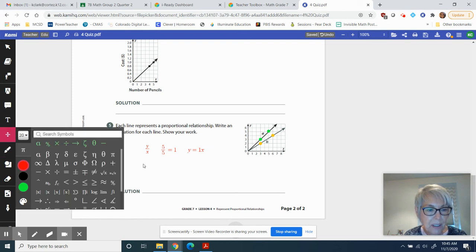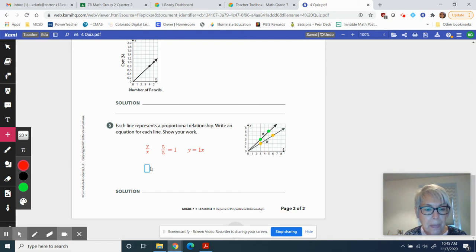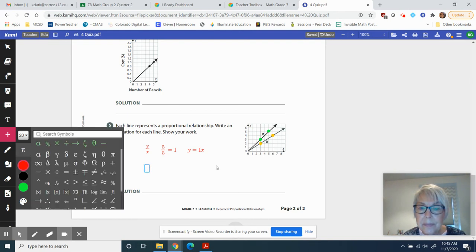My equation is going to start looking like this. Remember, we want to have the y coordinate over the x coordinate. Right here, we've got 2 over 3. Do you see where that is? 2 over 3, and that's what I'm going to type in.